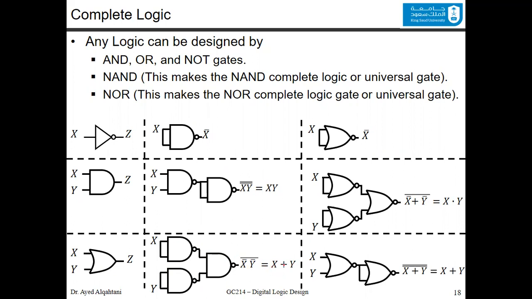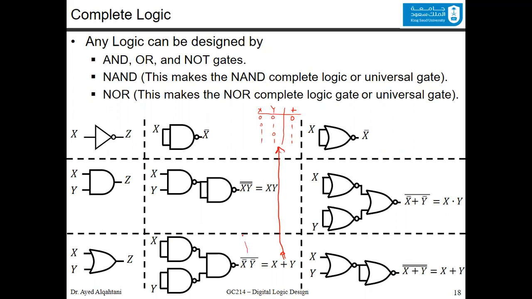To prove this, I can prove this to you using a truth table. We know that the truth table for this one is, if you have X and Y, 0, 1, 0, 1, 0, 0, 1, 1, the OR function is 0, 1, 1, 1. So this is the OR function. So I did this here.